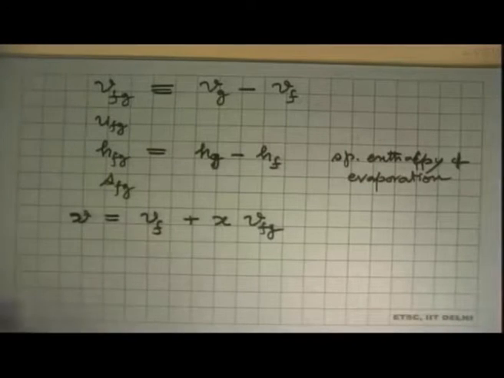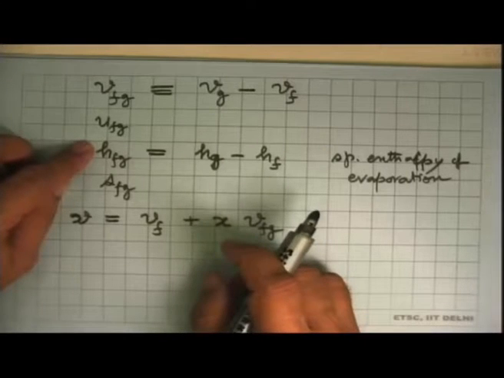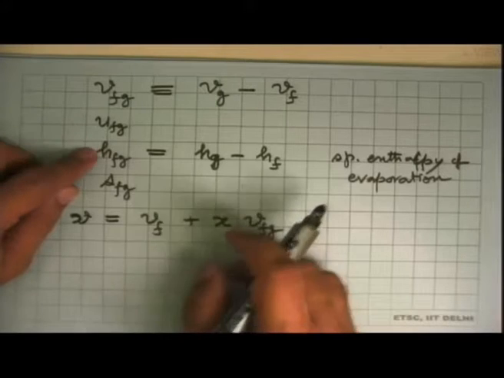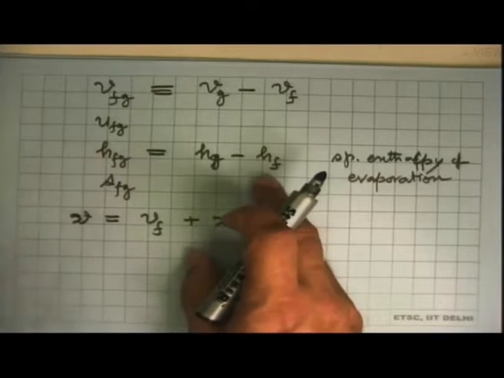In many cases, the tables will give values of these also, but there are many cases where they may not give these values. And the reason would be that if you want that, we can just calculate it from the values of Hf and Hg. That's what is there.